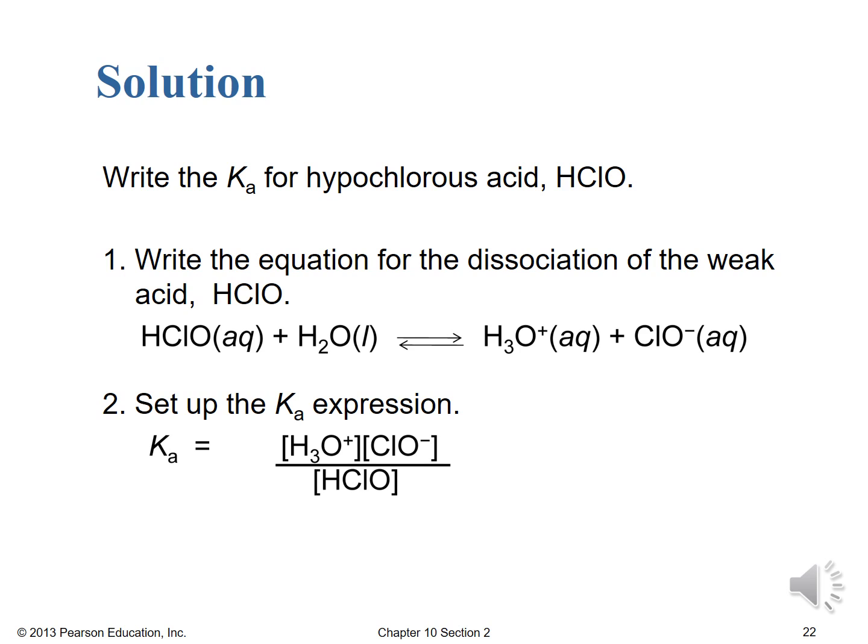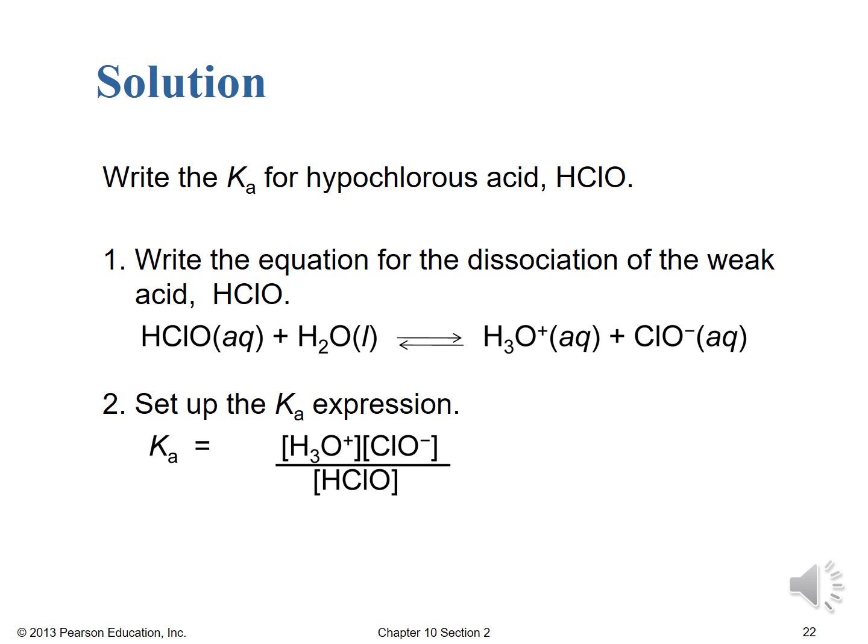Okay, so that first step where we're writing that equation, we have the HClO aqueous plus H2O liquid in equilibrium with H3O plus aqueous plus ClO minus, the conjugate base of HClO, and that's aqueous as well. So now we're ready to set up the Ka expression.